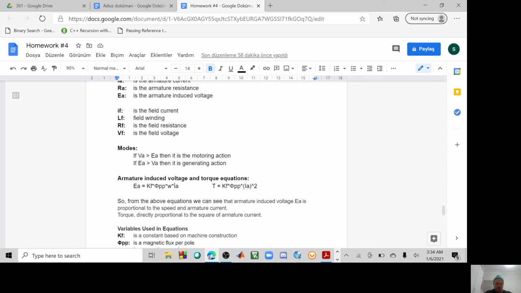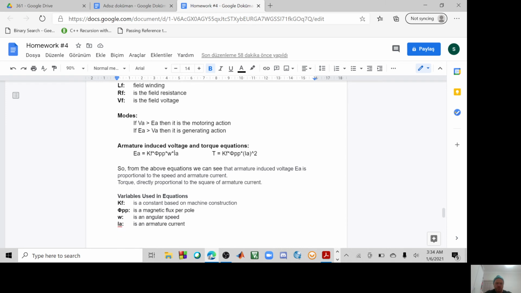I have two equations, the armature induced voltage and torque equations. The left equation is for the armature induced voltage, and the right equation is for the torque. From these two equations, we can see that the armature induced voltage EA is proportional to the speed, and it is proportional to the armature current IA.